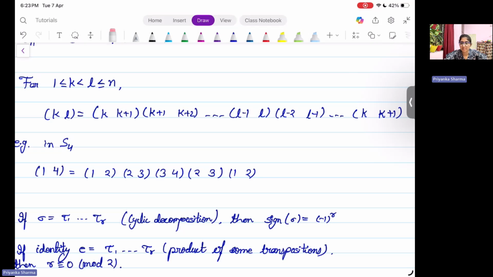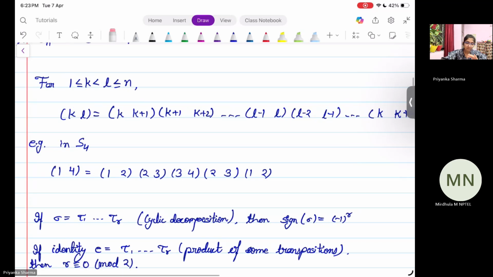So we write the transposition L minus 2, L minus 1, and then L minus 3, L minus 2, until we get K. So the last transposition of this product form will be K, K plus 1. So if we have any transposition in particular, say KL, where L is greater than K, then we can write it as a product of simple transpositions.